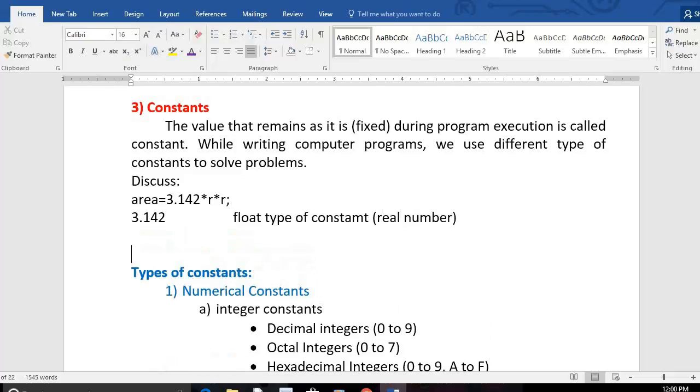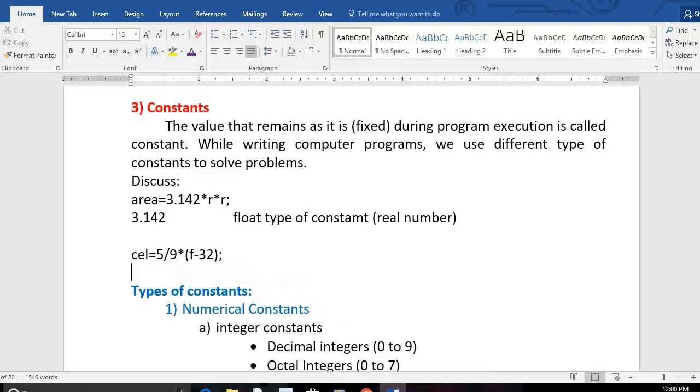One more example: convert the temperature reading from Fahrenheit to Celsius. Celsius equals 5 divided by 9 into F minus 32. This formula we use. Now this expression will convert the entered Fahrenheit into Celsius.